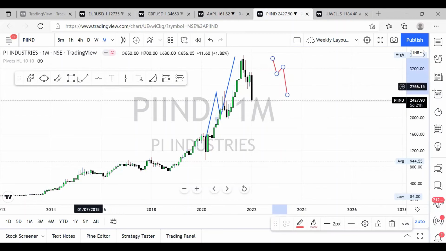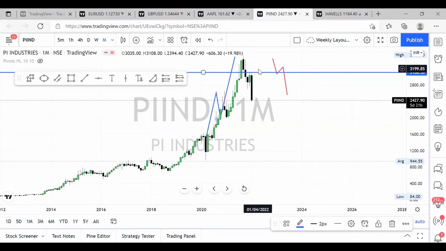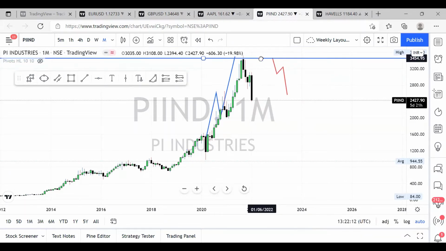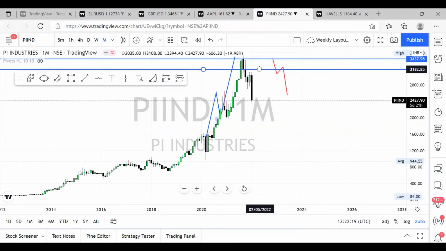So another way I do this is, first of all, before I continue, I haven't marked my zones, which is very silly of me. So we've got there, there, and also here.